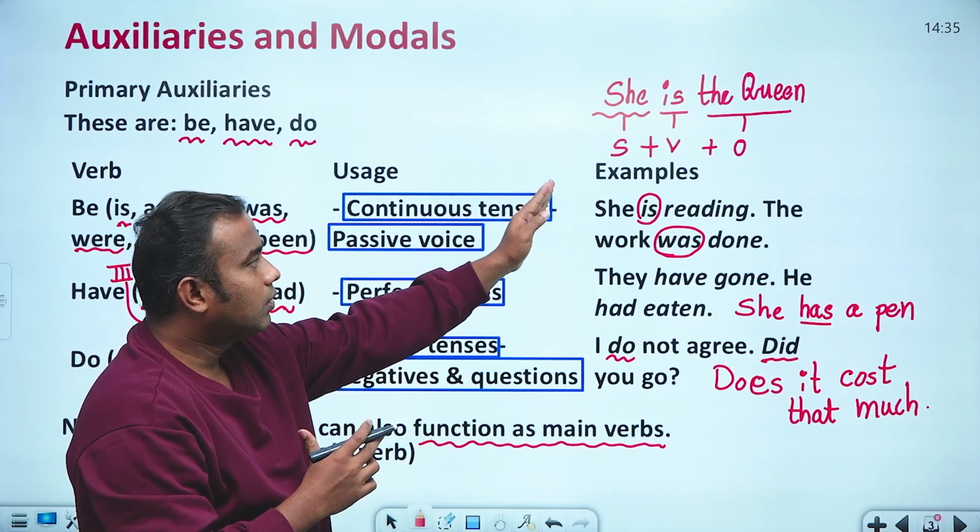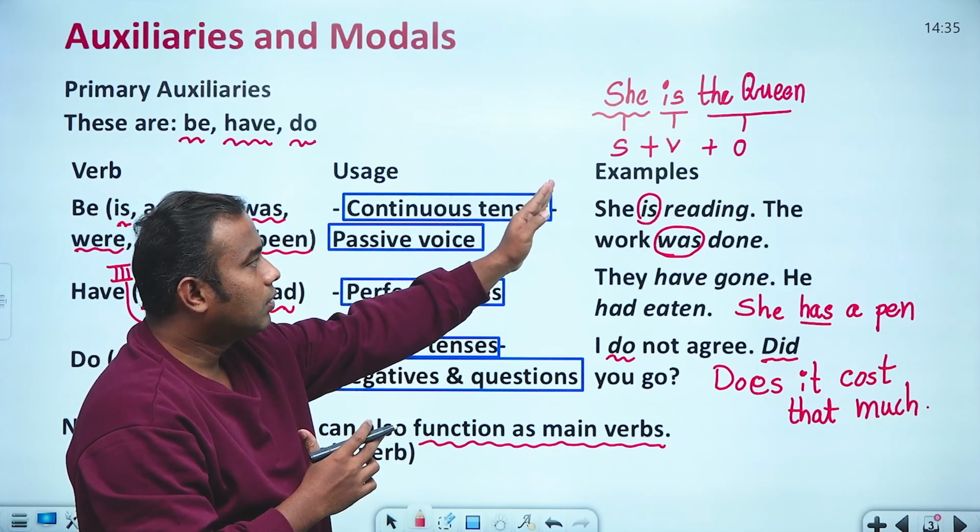Then we have modal verbs. What are the modal verbs? Modal verbs generally are used to express ability, permission, necessity, obligation, probability, and possibility.